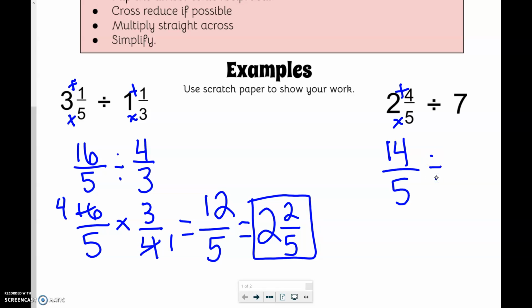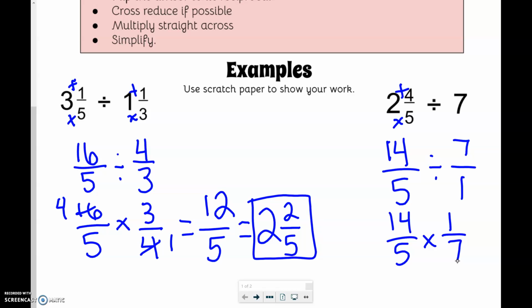Very important. And for the 7, I'm just going to put it as 7/1. Very simple. Okay. So now is when I can do keep, change, flip. So notice how those are 2 separate steps. So I'm going to keep the dividend the same, change to multiplication, and get the reciprocal for my divisor, so flip. And again, if you would like to cross reduce, I highly suggest that.